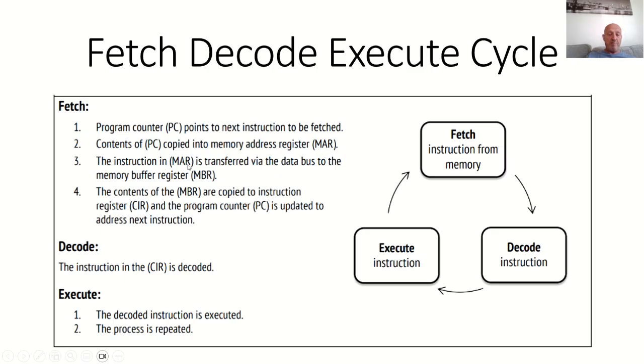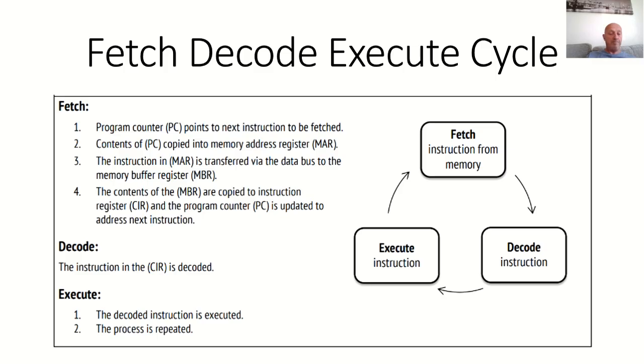The instruction at the memory address register is transferred via the data bus to the memory buffer register, and the contents of the memory buffer register are then copied to the current instruction register, and the program counter is updated to the next instruction.